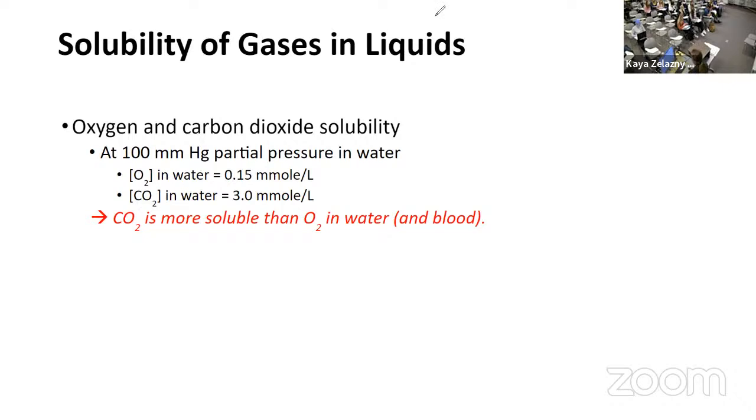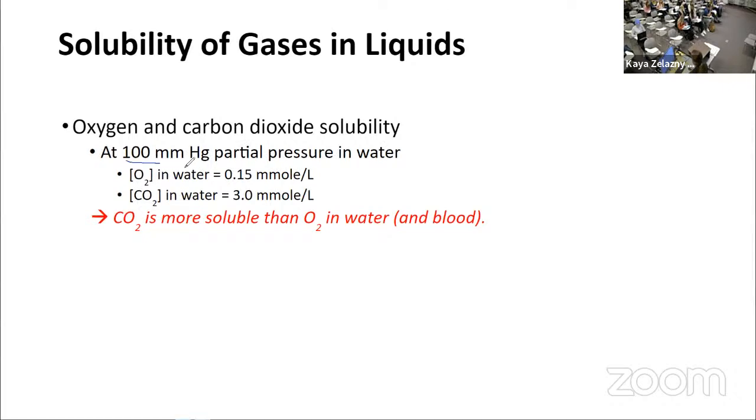So if we were to say that we have a partial pressure of 100 for either oxygen or carbon dioxide, okay? So this was how we would figure out the molar concentration of the gas with Henry's law from the previous page. All right, so if we're tracking oxygen with a partial pressure of 100, we'd get about 0.15 millimoles per liter.